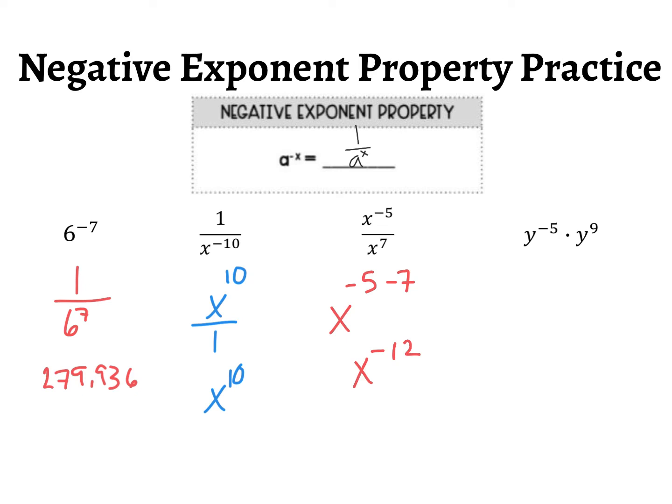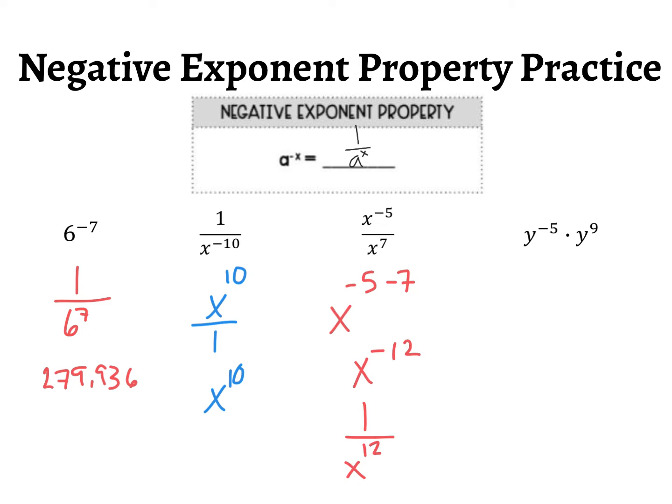Negative 5 take away 7 is negative 12. We don't want a negative exponent again, right? So what do we do? We flip this and we put that 12 into the bottom of the fraction to keep it positive. So we say this is the same as saying 1 over x to the 12.